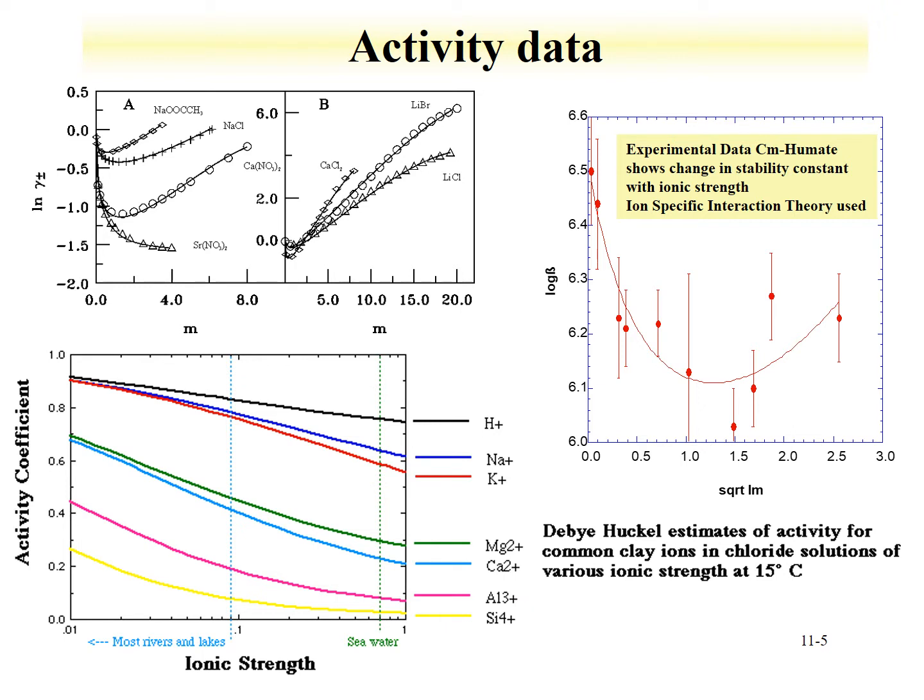So there are some trends that can be identified. Here's some data showing the complexation constant measured for humic acid and curium as a function of the square root of the molal ionic strength. If you remember the specific ion interaction term, there's 2 terms that are functions of either the molal ionic strength or the square root of the molal ionic strength.